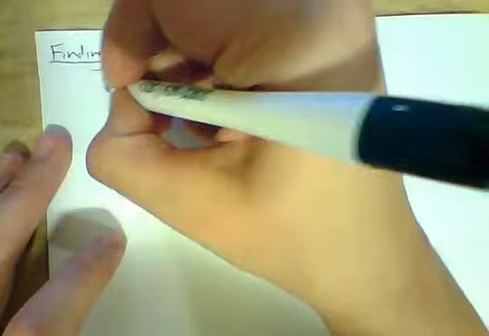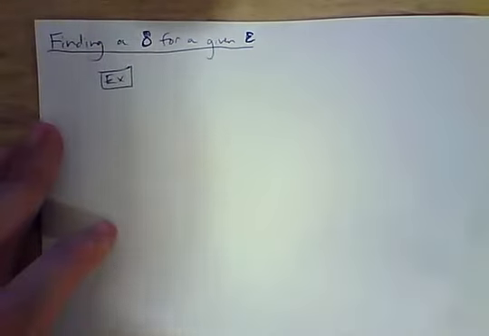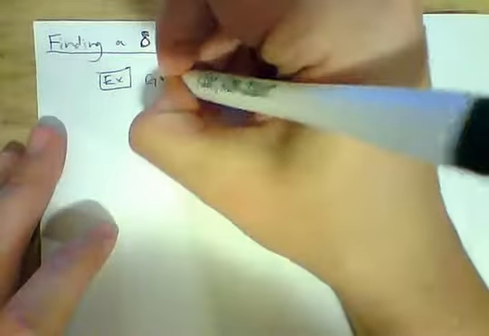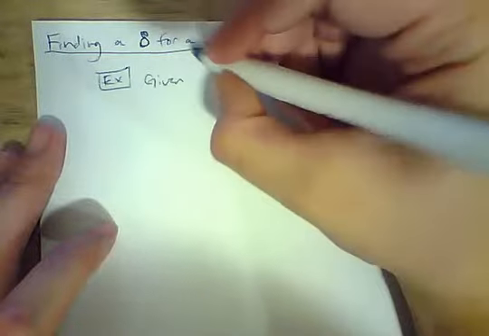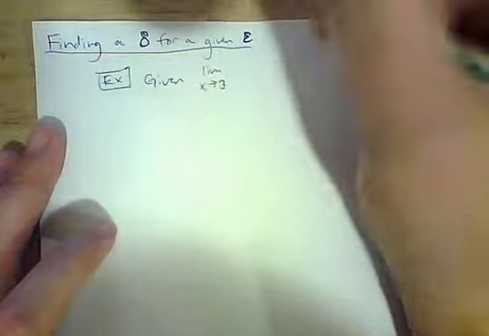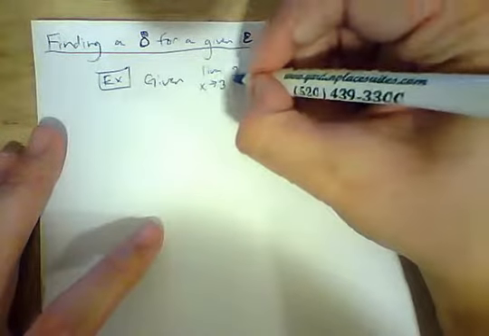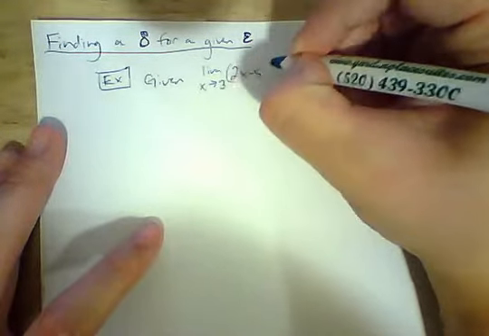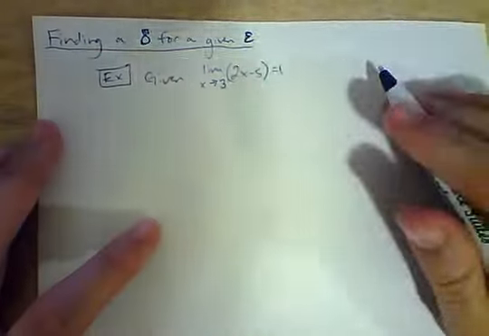Okay, finding a delta for a given epsilon. And here's an example. So, say we are given that the limit as x approaches 3 for the function 2x minus 5 equals 1. We know what the limit is.